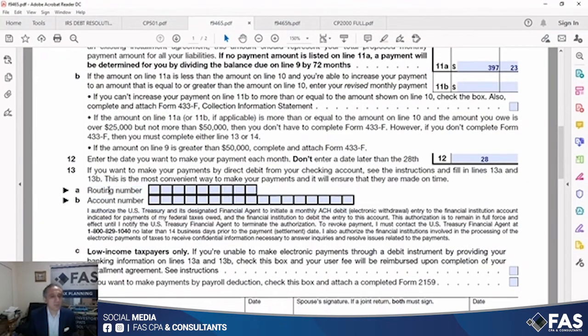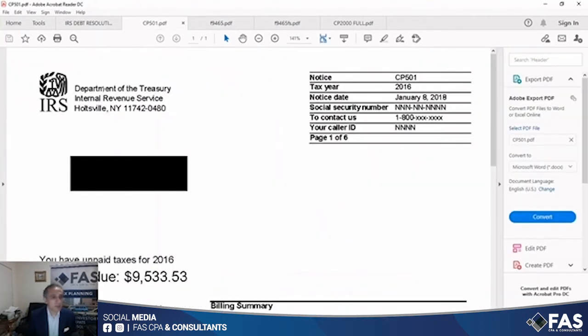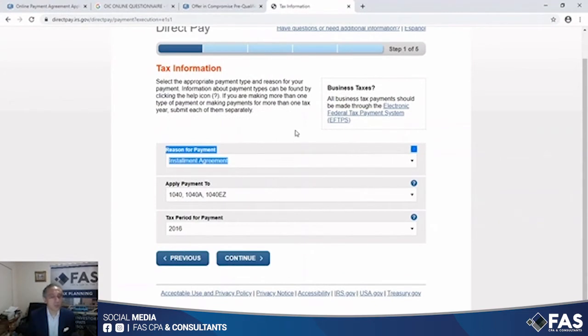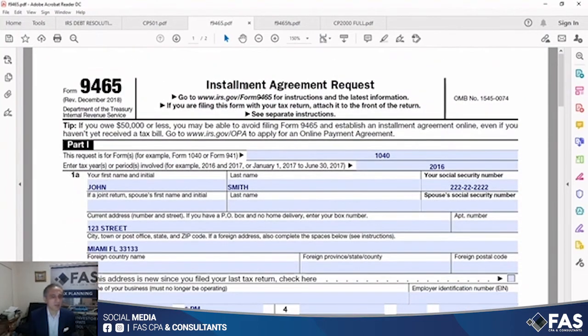And if you do not want to use the routing number and the account number, then you can mail a check to the address of the letter that you receive from the IRS, or you go online and do the payment through the online option irs.gov/payments. This is for IRS debts less than $25,000.